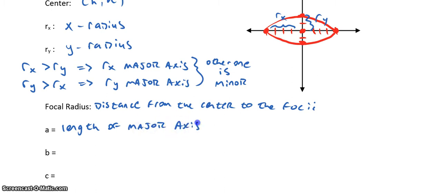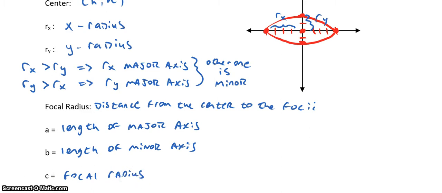Now that could be x or y. It's just the actual number we're speaking of. The b is the length of the minor axis, so the other one. And then the c is actually my focal radius. And we find the focal radius by going c squared equals a squared minus b squared.